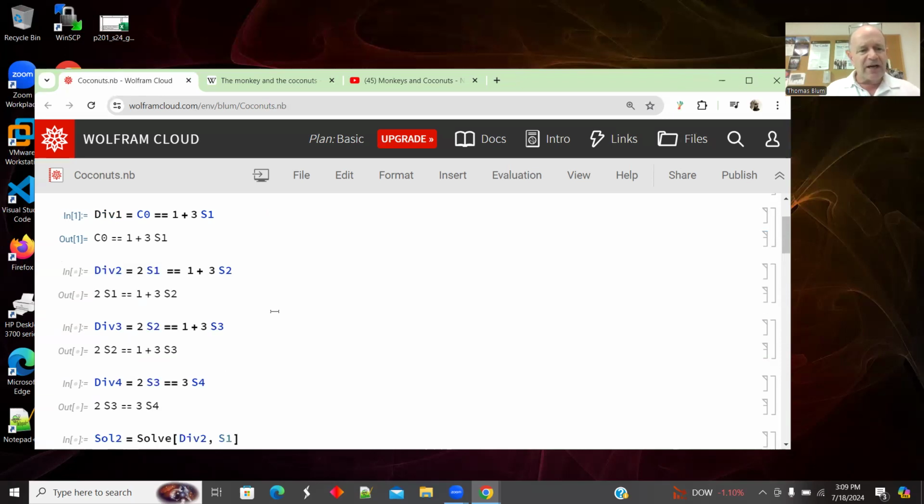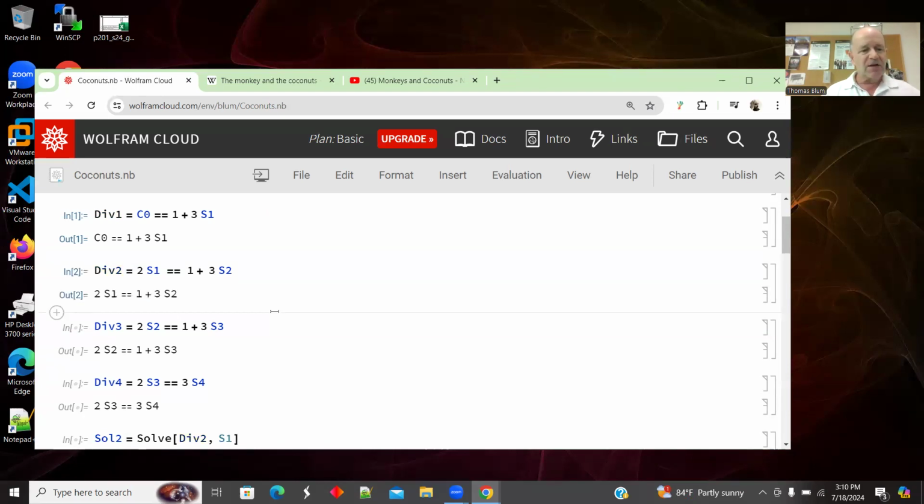Then we're going to take two of those piles, since one of them is taken away, and repeat the process for the second division. So 2s1 is equal to 1 plus 3s2. So s2 is the number of coconuts on the second division, and there's one for the monkey.